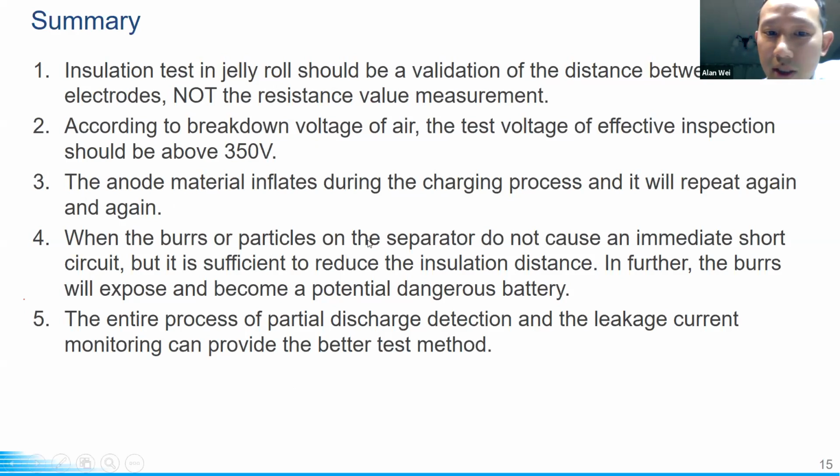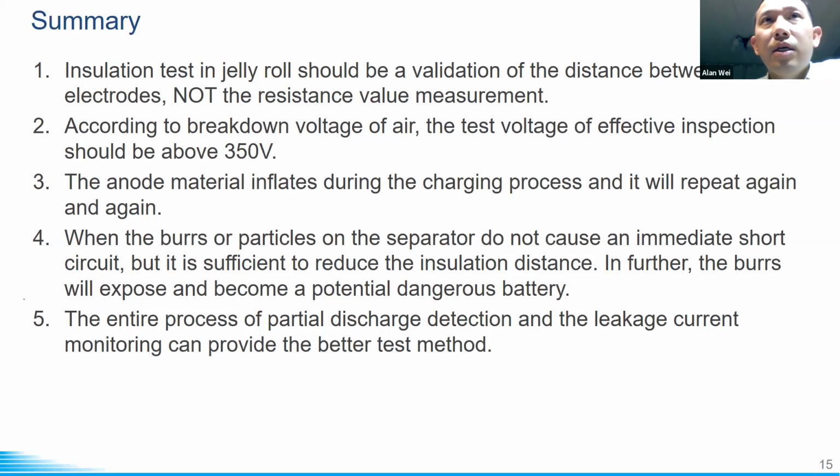When the burr or particle on the separator does not cause an immediate short circuit, it is still sufficient to reduce the insulation distance. So the particle size may be such that if you apply the regular, lower voltage, you cannot detect anything. Further on, the burr explodes and becomes a potentially dangerous product.